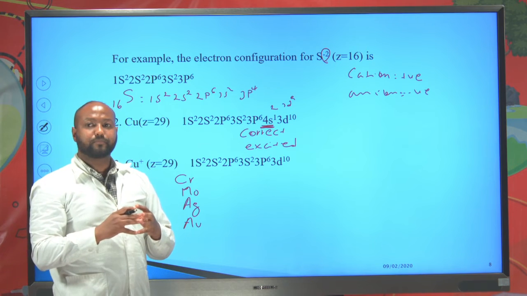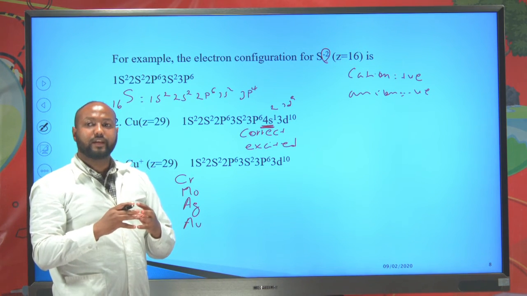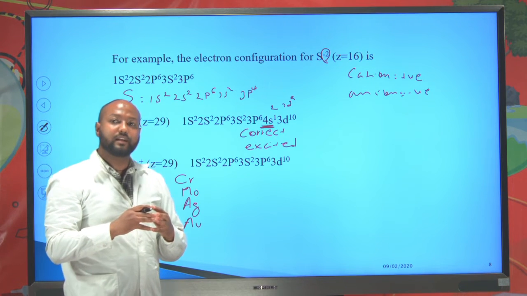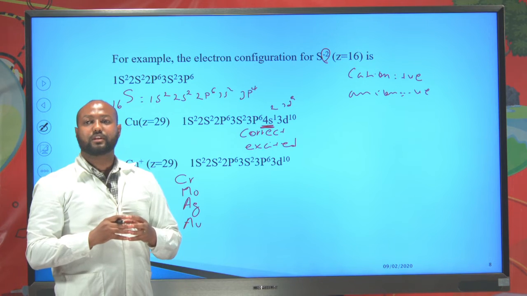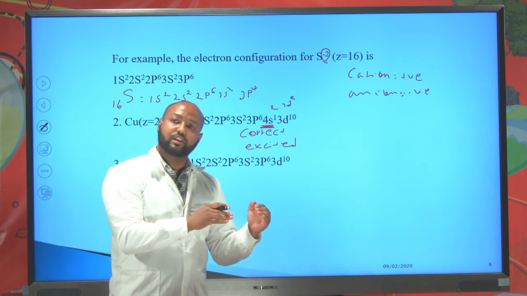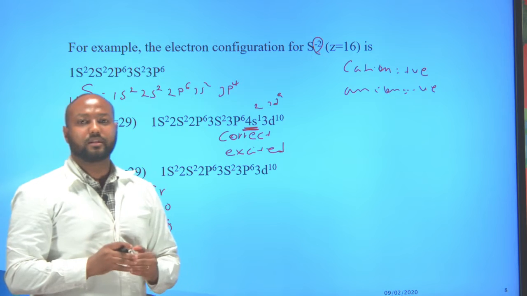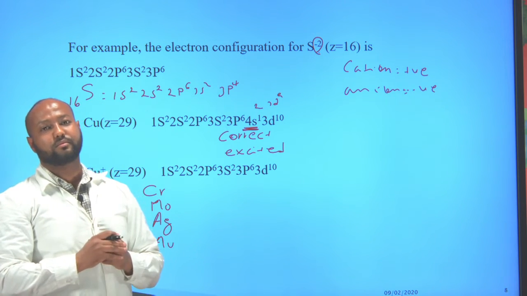All atoms gain, lose, or share electrons to attain stability, like the noble gas electron configuration. The noble gas electron configuration is stable. They neither lose nor gain electrons.